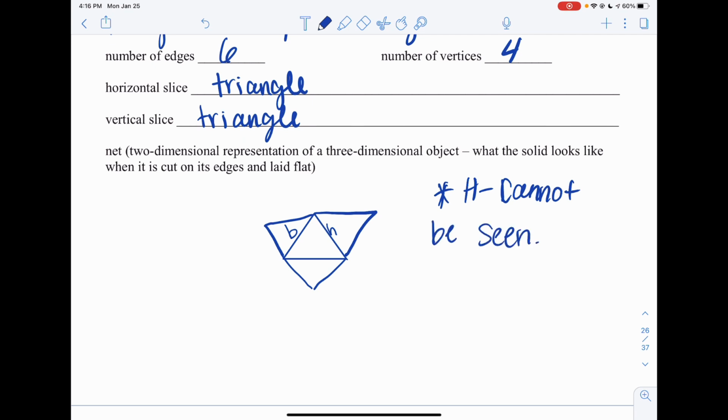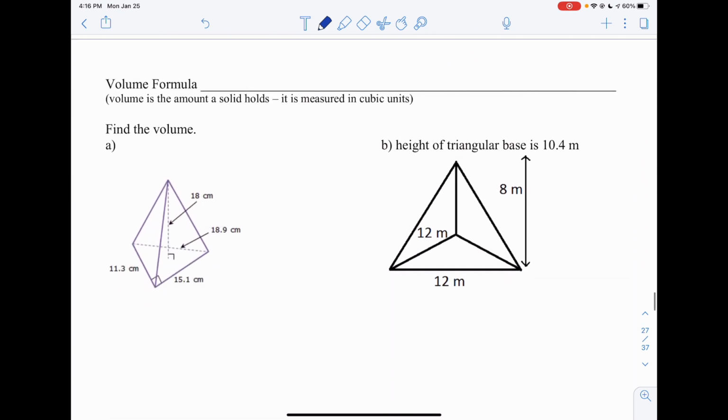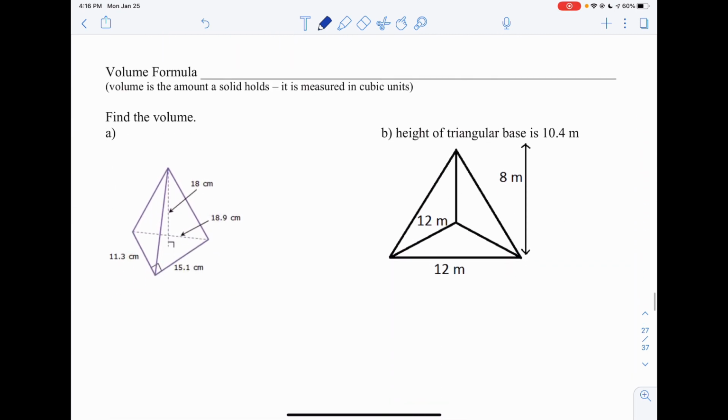Okay. All right, moving on to volume. So the volume formula for this, once again, we have our basic formula, which is 1/3 times base times height. Okay, but then going a little bit more into detail, if I'm looking for the area of the base of the triangle that we have at the bottom of our pyramid, it's 1/2 times base times height, and then the height of the pyramid, okay?